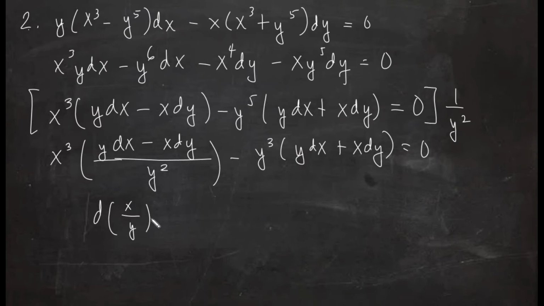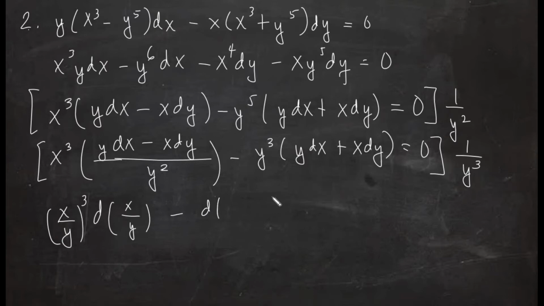So what we need here is again to multiply. If we multiply again by 1 over y cubed, then this term right here would become x over y raised to 3 and then multiplied by the differential of x over y, therefore forming again another power formula for integration. So minus the differential of this one would become the differential of xy.